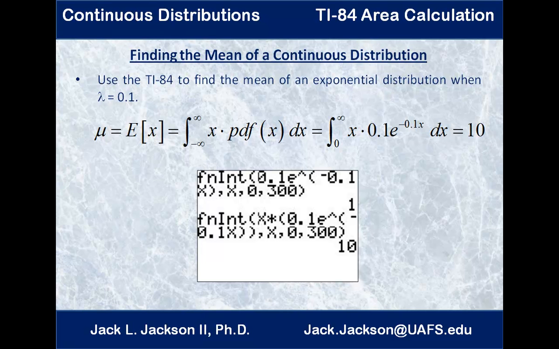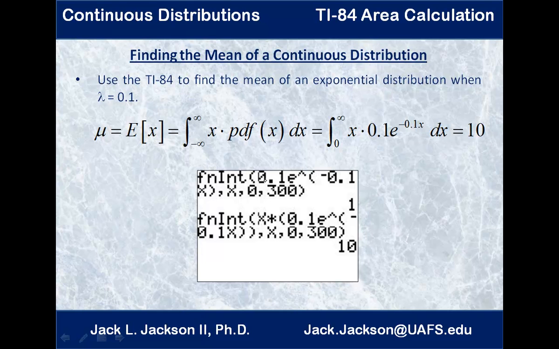Now suppose we want to find the mean or expected value of this distribution. Again, this is the one where lambda is 0.1. Now the mean is the expected value of x. What you're doing is summing up x times the probabilities of x, just like we did in the discrete case, except this time we need to use this function integrate thing to add them up. So all I do is take my previous entry. I can just do second enter, and it'll bring up this formula again.